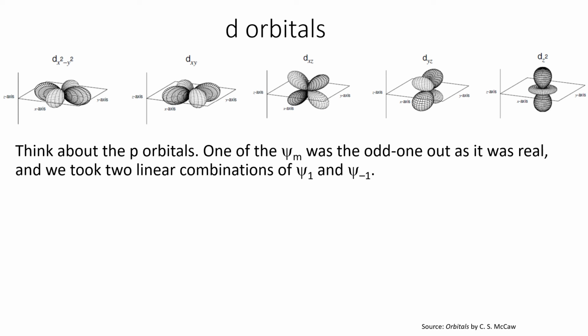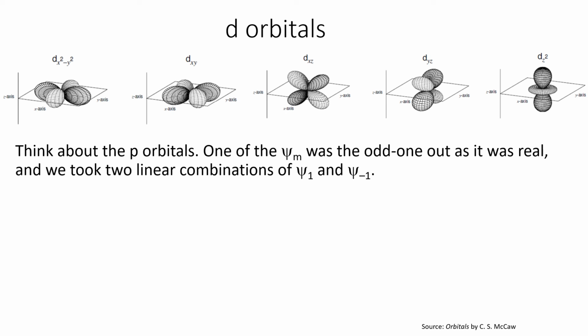Curiously, if you go to the next ones up, which are the f orbitals, we'll see the product of 3 Cartesian axes. For example, there will be an f orbital called fz cubed, which follows the sequence pz, dz squared, then onto fz cubed. And you can even go to g orbitals and there'll be a gz to the 4. It's just a predictable series.